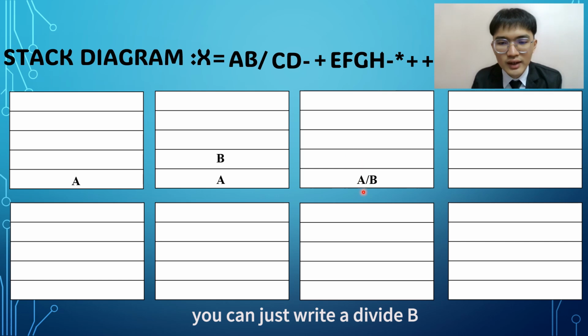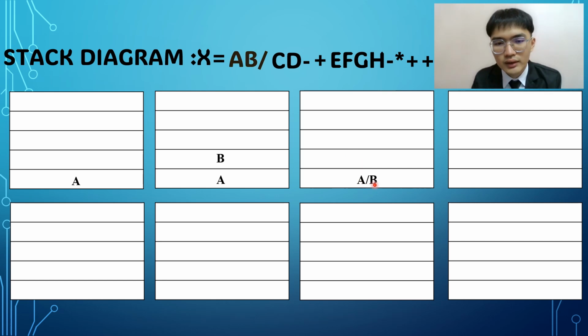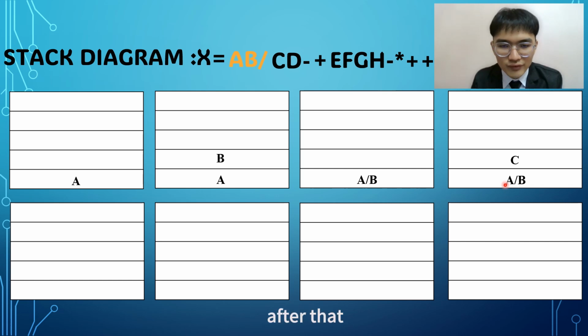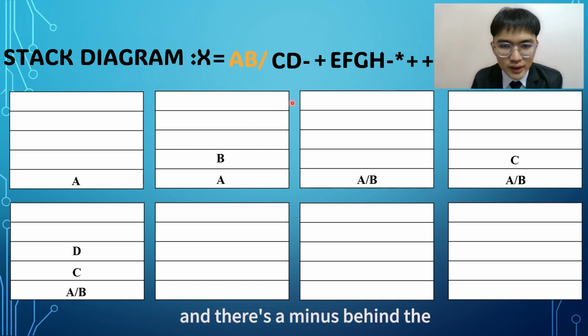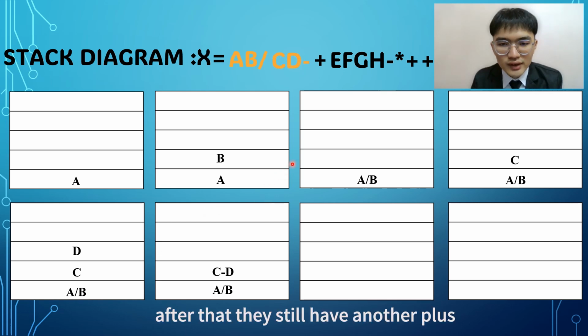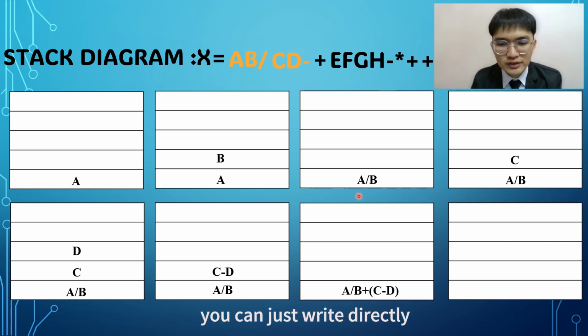We can just write A divide B. After that, we push the value C. Then push the value D, and there's a minus behind the D, so it will be C minus D. After that, there is another plus here, so to solve this, we can just write directly.